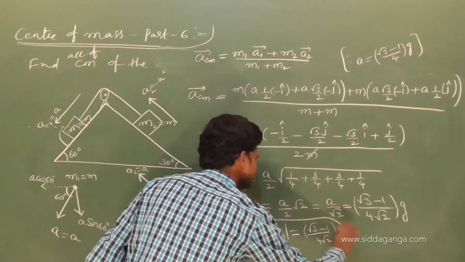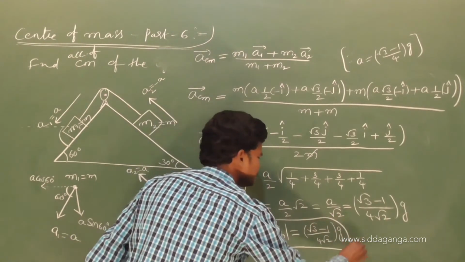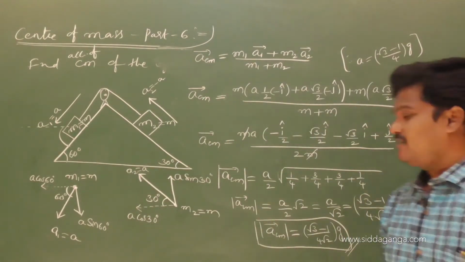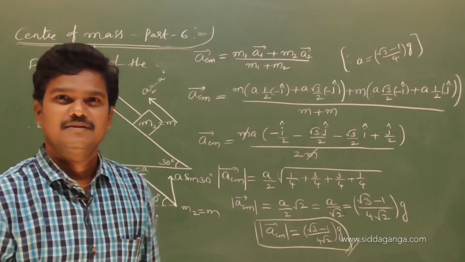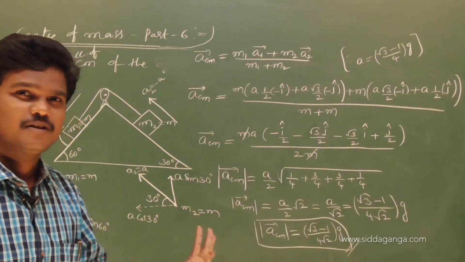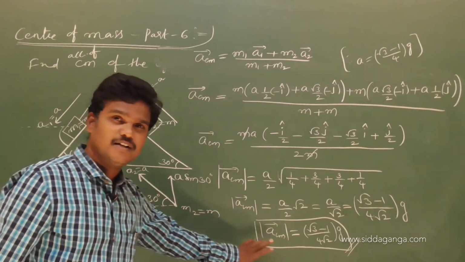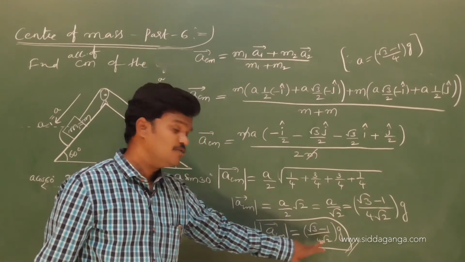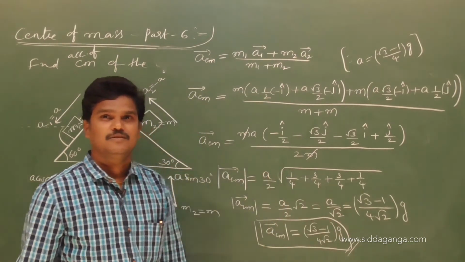So this is the answer for given question. See how lengthy. Slowly I am extending the level of questions. Observe carefully now. I got finally acceleration of center of mass of the system is root 3 minus 1 by 4 root 2 into g. Okay.